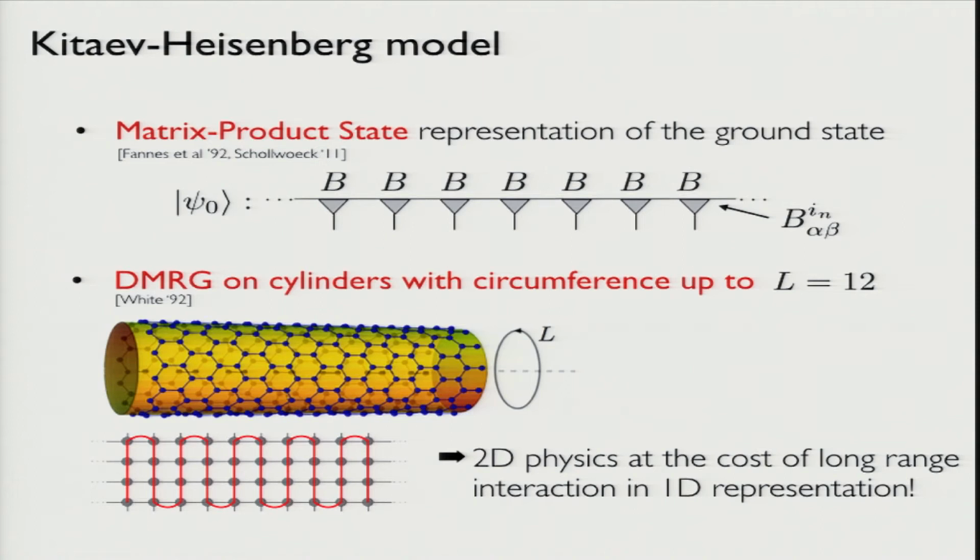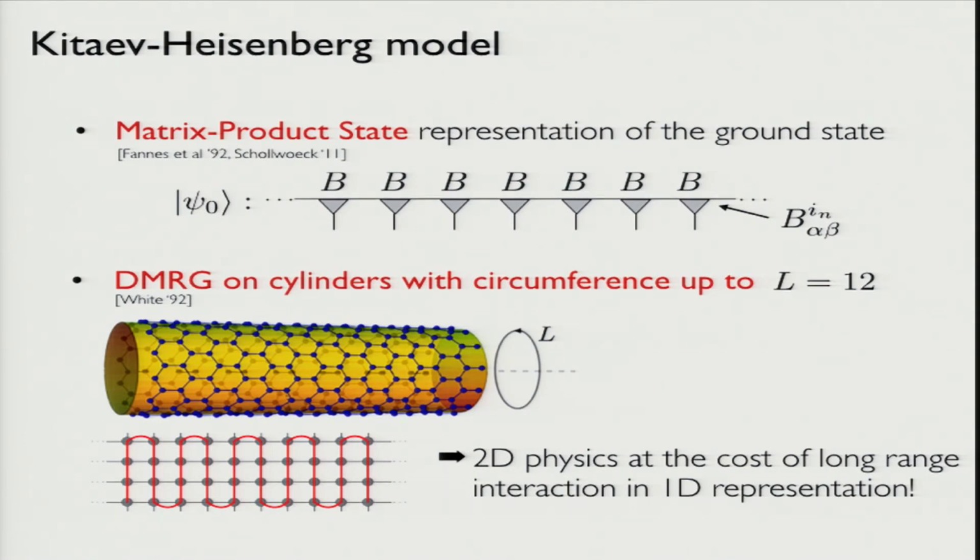So this is a 2D system. We map it to a one-dimensional snake here. And the cost that we are paying is that even though we started from a system with only nearest neighbor interactions, the resulting 1D model now has long-range interactions. Like here, for example, we have interactions between site 1 and site 5. And that gets worse and longer range as we make the cylinder wider.